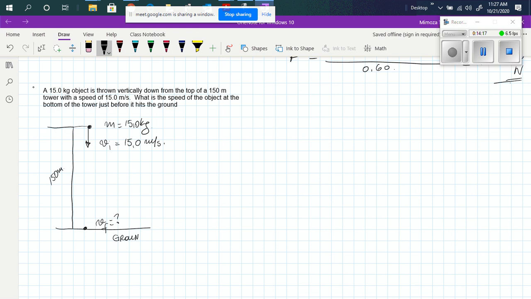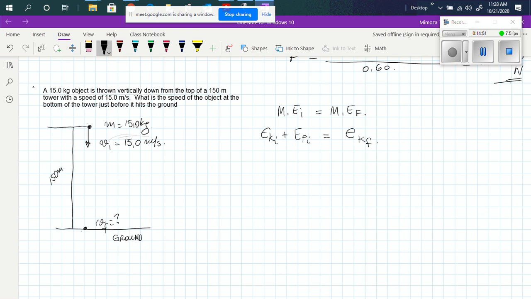So you always start with mechanical energy at the initial is equal to mechanical energy at the final. What type of energy do I have here? Kinetic and potential. I have both. Why do I have both? Because the object is at a certain height and it has a certain velocity. And then at the ground, I have only kinetic.